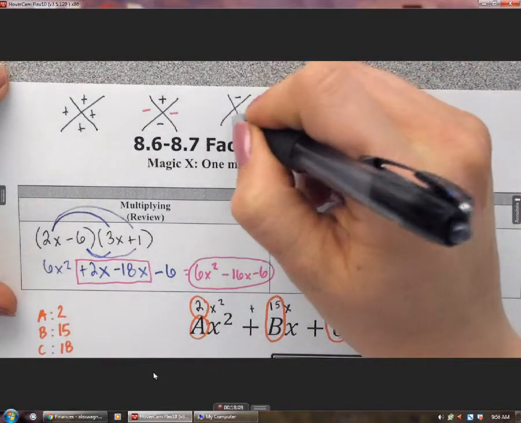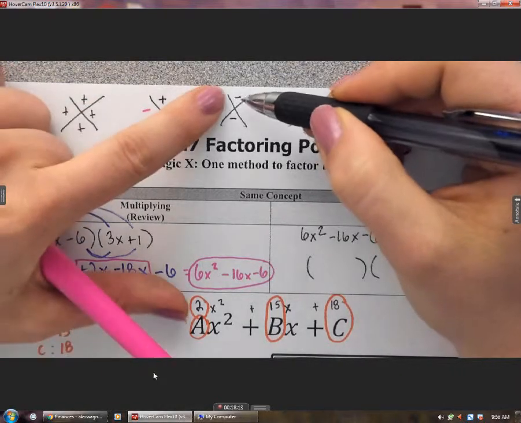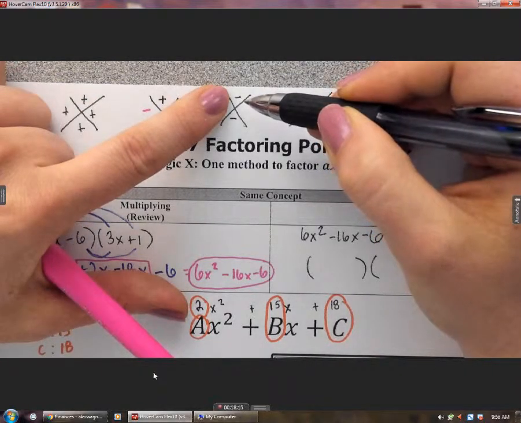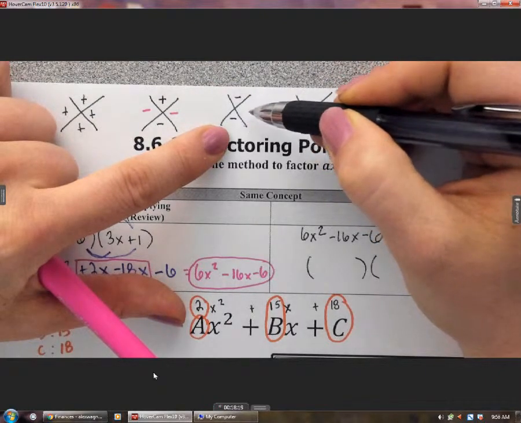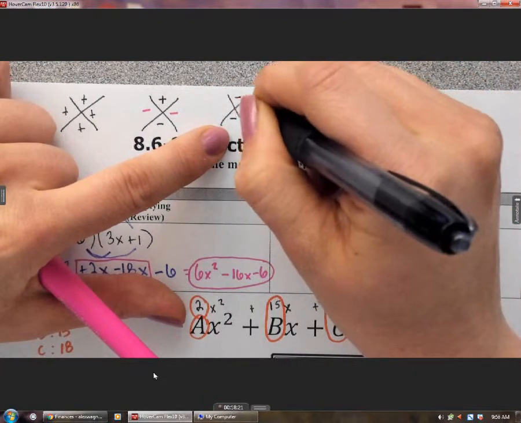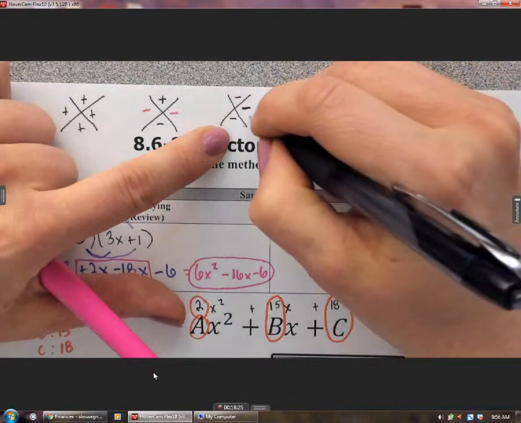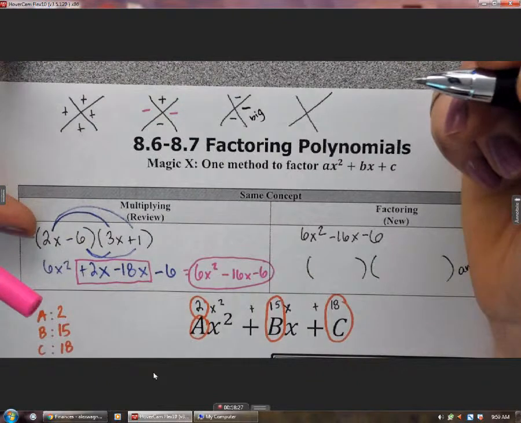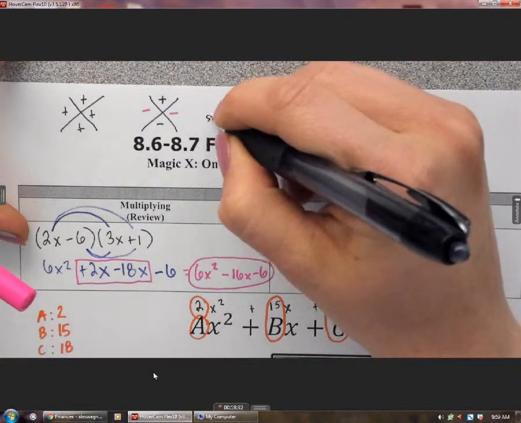If they're multiplying to be negative, but they're still going to add up to be negative, that means the bigger number is negative. I always write the bigger number on the right side. So you might want to just write big is negative, the smaller number is positive.